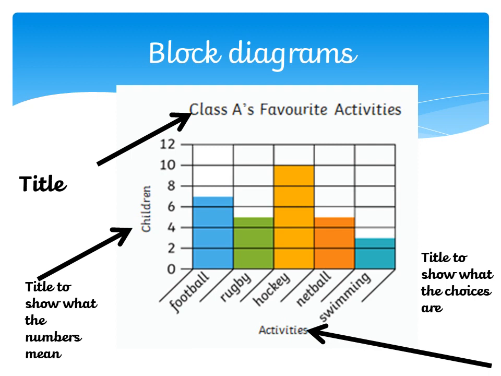So we've got a title here, it says Class A's favourite activities. So we know now that this diagram is showing us favourite activities of a class. At the bottom here we've got football, rugby, hockey, netball and swimming. Now on the side here and down the bottom here we've got some different titles.